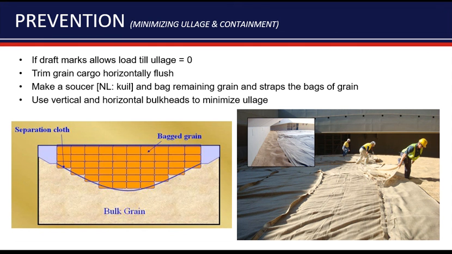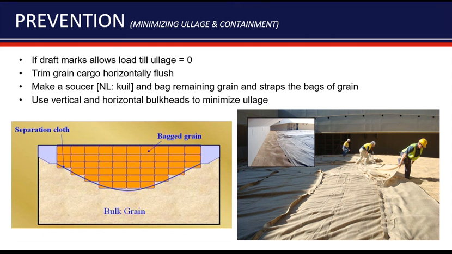Sometimes it's done by hand with cleaned brooms and such. Another option is to make a saucer, in Dutch een kuil, and we put some burlap coverage in this saucer, and then we fill up additional grain cargo inside grain bags, and we close the bags and pile them up, and we strap the saucer and the bags according to the grain code.